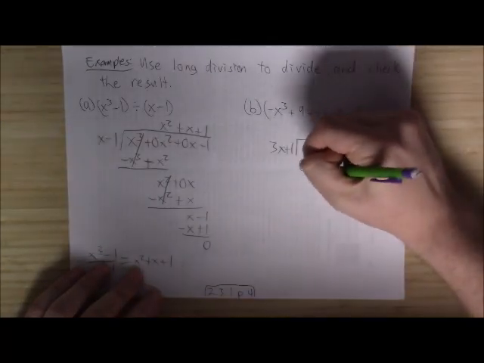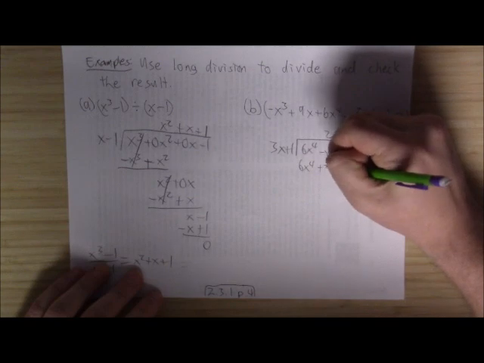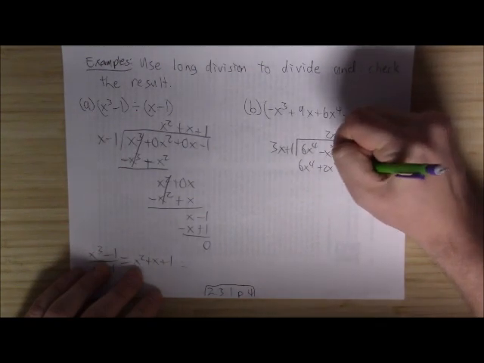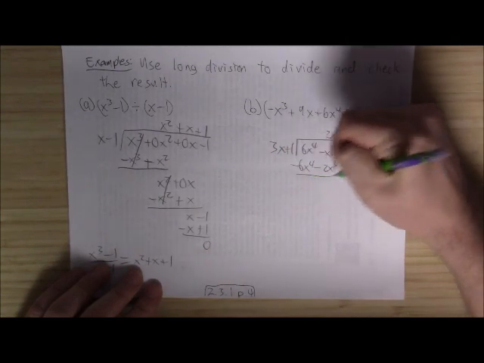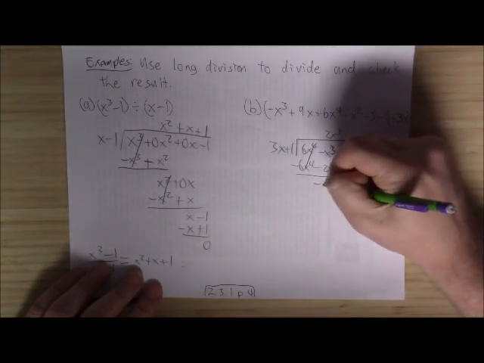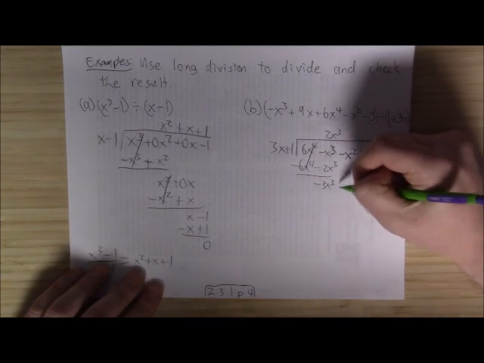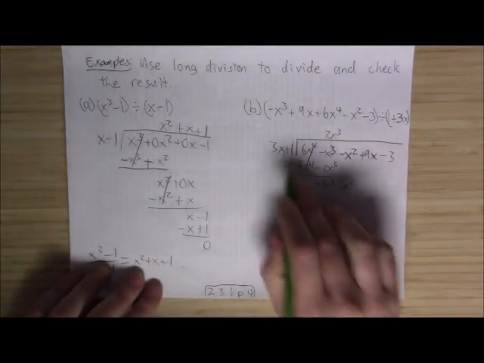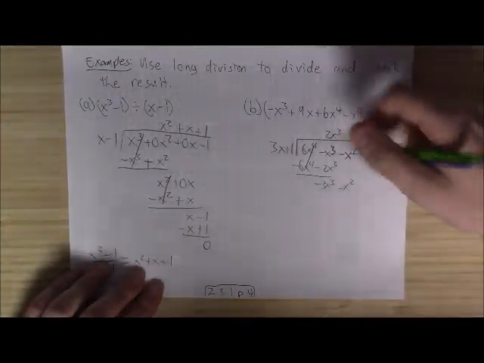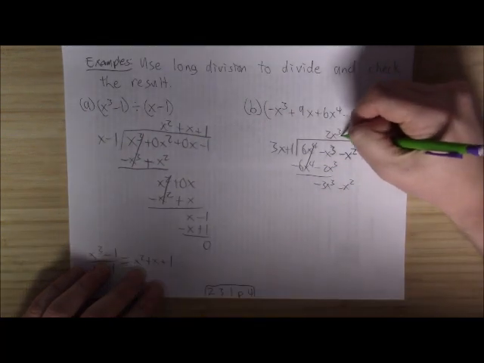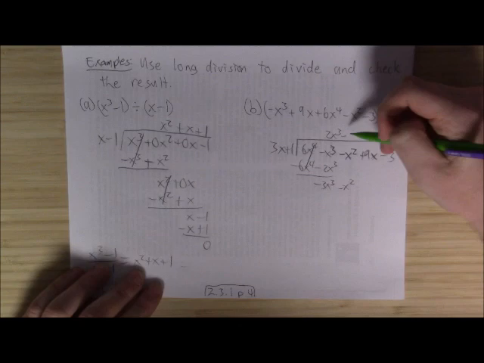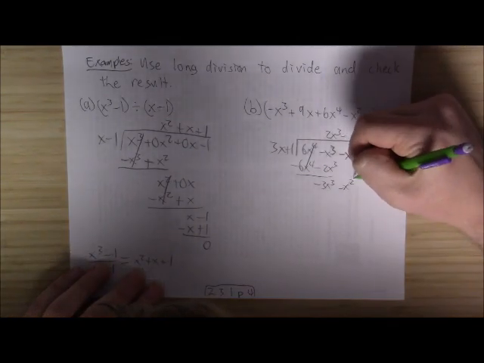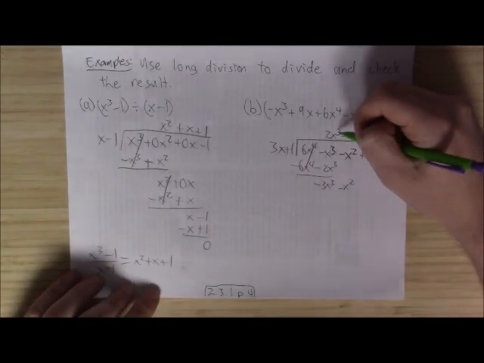So we get 6x to the 4th plus 2x cubed. But then we change all of our signs. That will cancel. We get negative 3x cubed minus x squared. Well, now to match that, we need a negative x squared plugged in, right?